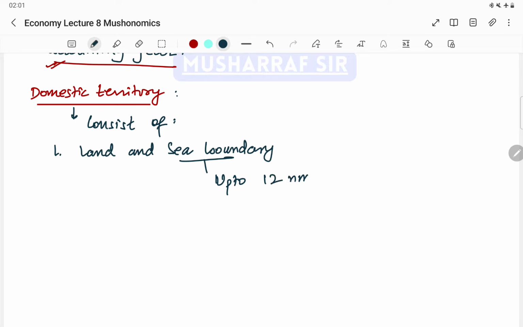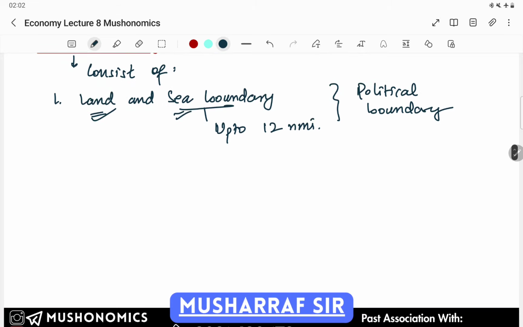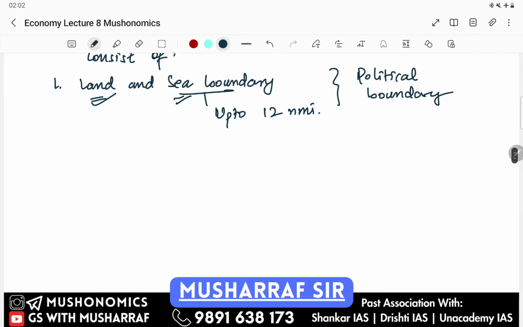That is, we are talking about the political boundary of a country. Land boundary, you know, and sea boundary, up to what distance? 12 nautical miles. This is about the political boundary of a country.